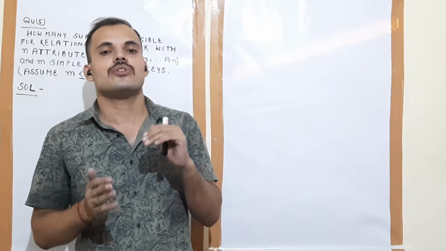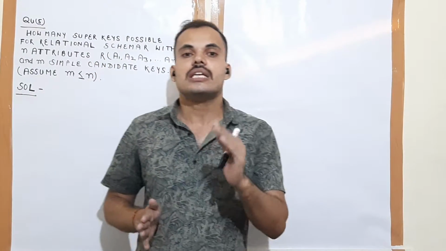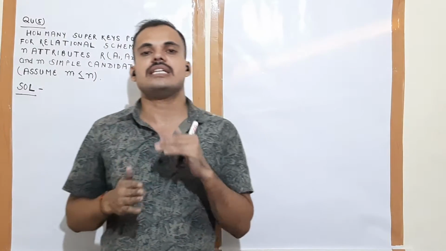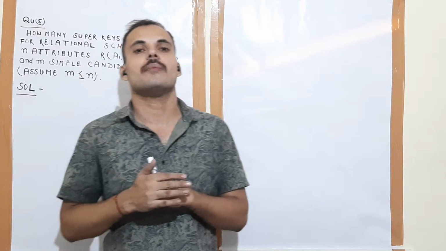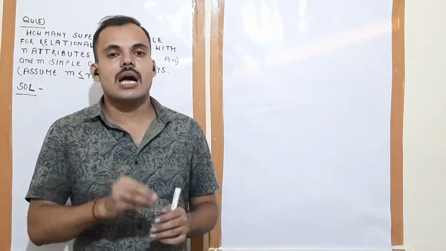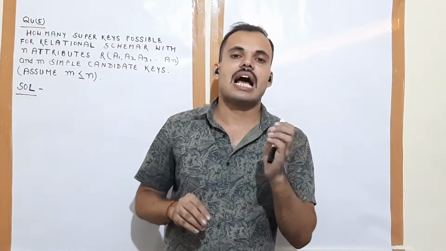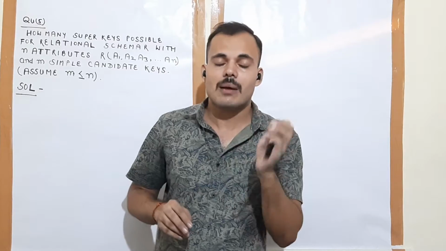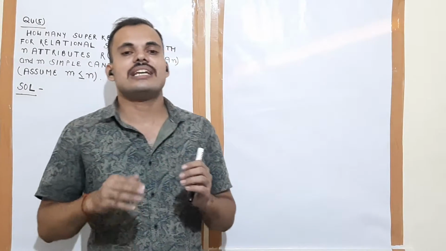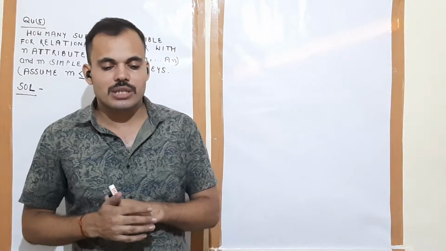We have to use m sets to solve this problem, because this problem consists of m simple candidate keys. There are m candidate keys, so we need m sets to solve it using the set theory method.